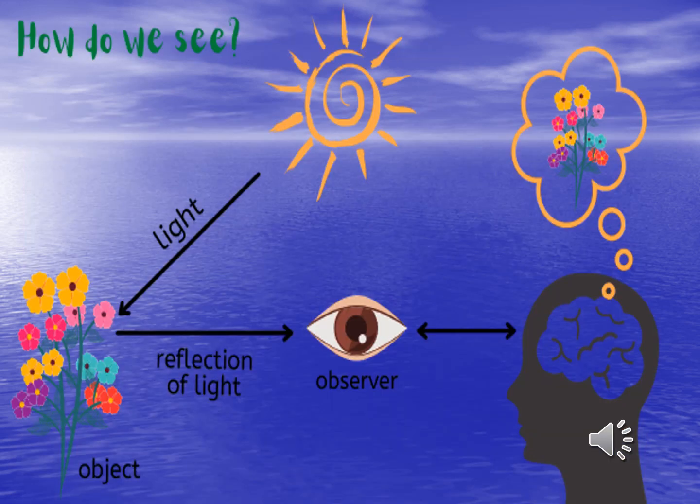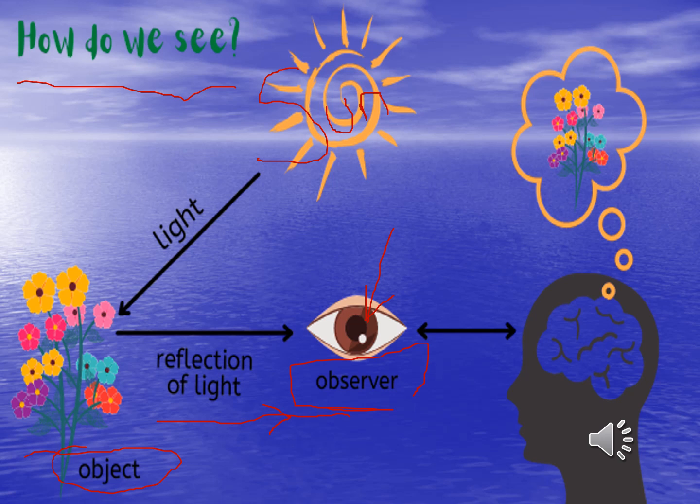So let's explain how we see. If you have the sun as a source of light, for example, the sunlight falls on an object like these flowers, then the flowers or the object will reflect the light to your eyes. Your eyes are the observer or the receiver, so you can see it.